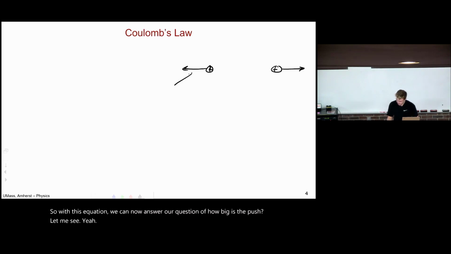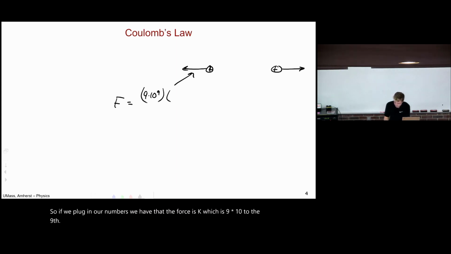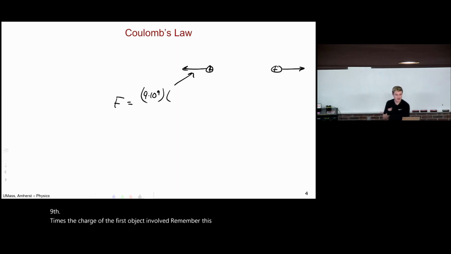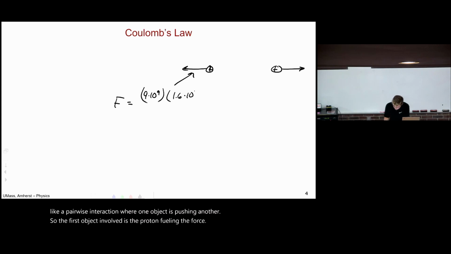Okay, so if we plug in our numbers, we have that the force is K, which is 9 times 10 to the 9th, times the charge of the first object involved. Remember, this always occurs as a pairwise interaction where one object is pushing another. So the first object involved is the proton feeling the force. Second object involved is the other proton.